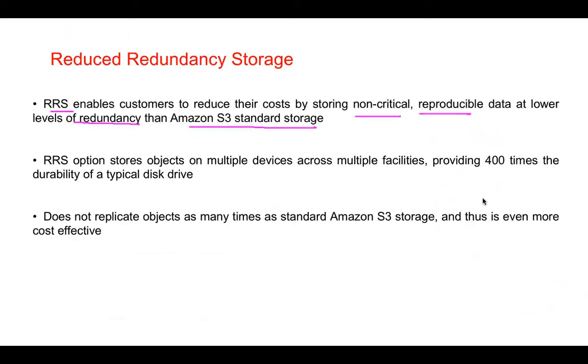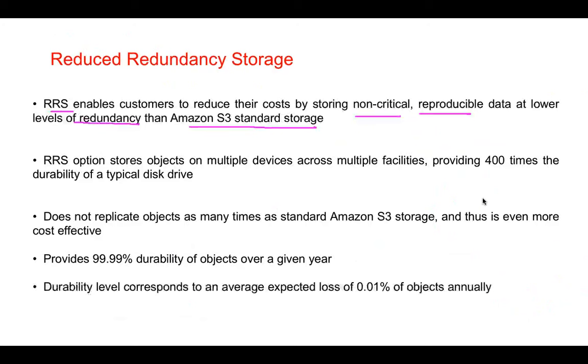But it does not replicate the objects as many times as the standard Amazon S3 storage, and thus is even more cost effective. It provides 99.99% durability of the objects over a given year, and the durability level corresponds to an average expected loss of 0.01% of objects annually.